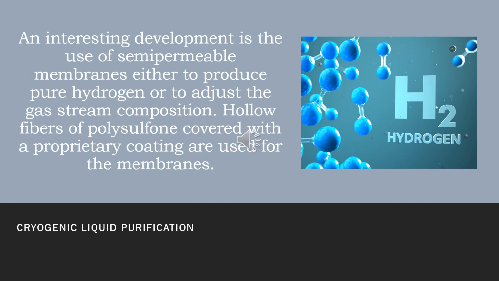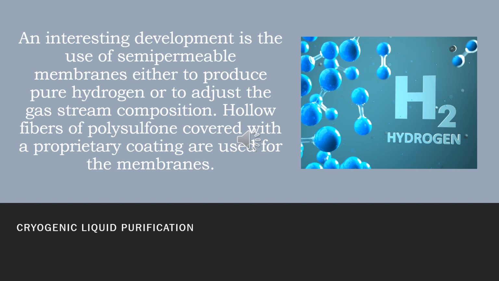An interesting development is the use of semi-permeable membranes either to produce pure hydrogen or to adjust the gas stream composition. Hollow fibers of polysulfone covered with a proprietary coating, or the Monsanto PRISM system, are used for the membrane. The separator consists of a bundle of 10,000 to 100,000 fibers oriented vertically, potted at one end and placed in an open epoxy tube sheet on the other.